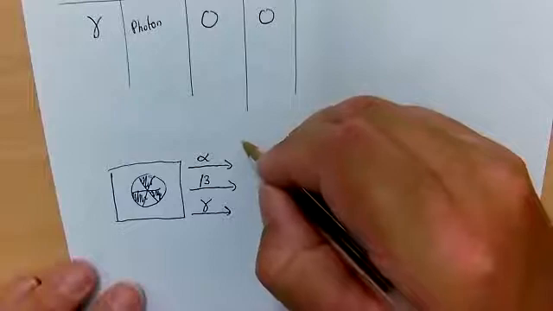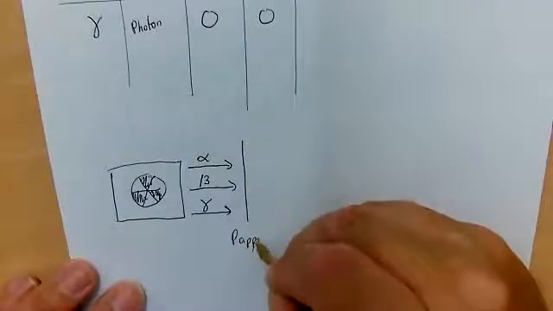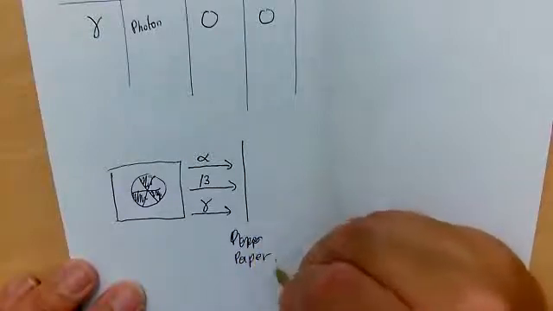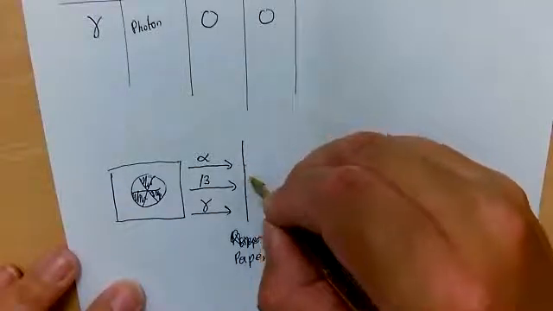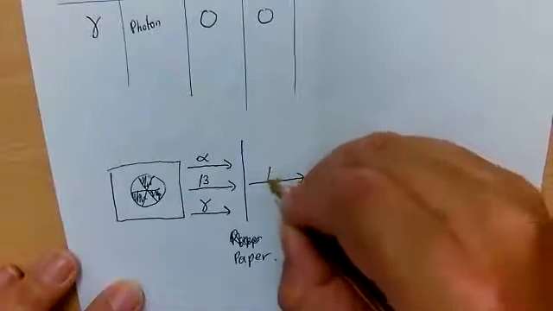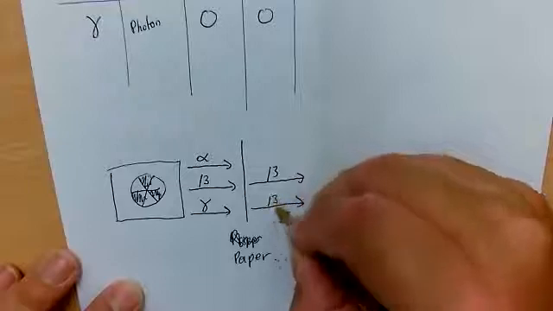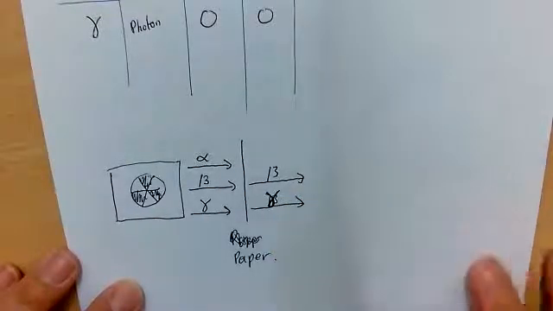So if we took some thin paper, the alpha particles would actually be stopped by it. The beta particles wouldn't be changed very much by it, and the gamma rays would go straight through the paper as well.